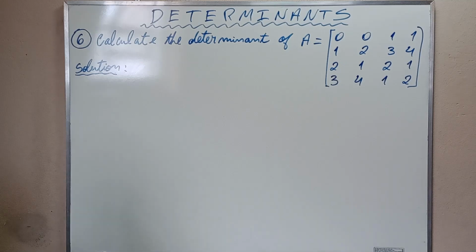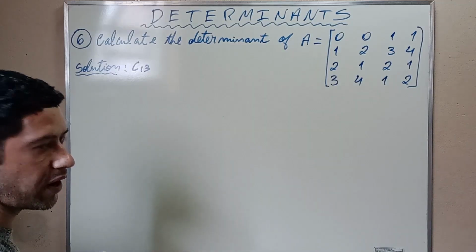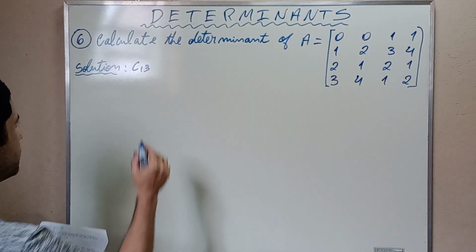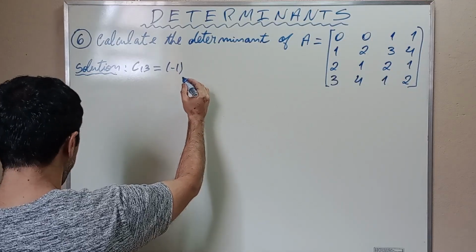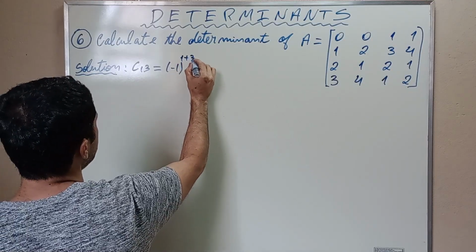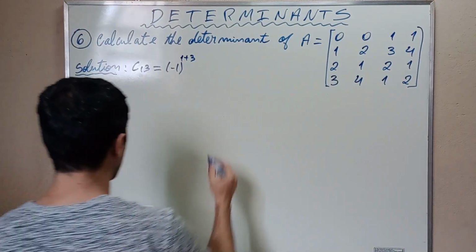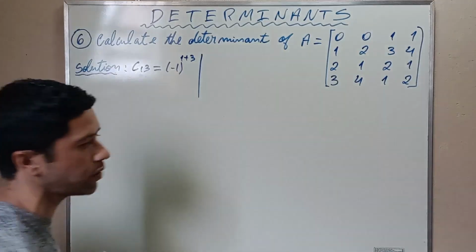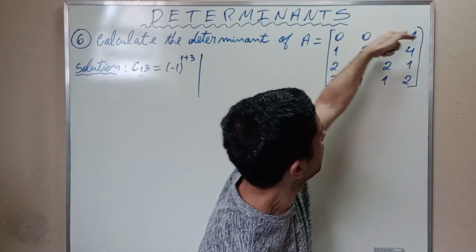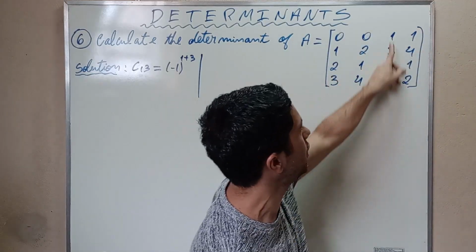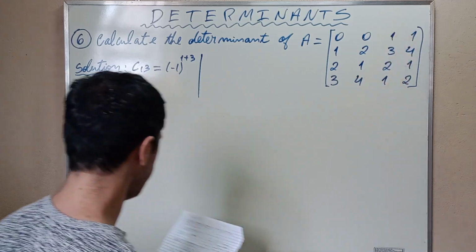Cofactor C13. We're going to calculate cofactor C13. Cofactor C13 is equal to -1 raised to the power of 1 plus 3 times the determinant of the matrix resulting from the removal of row 1 and column 3. We're going to remove row 1 and column 3, okay?